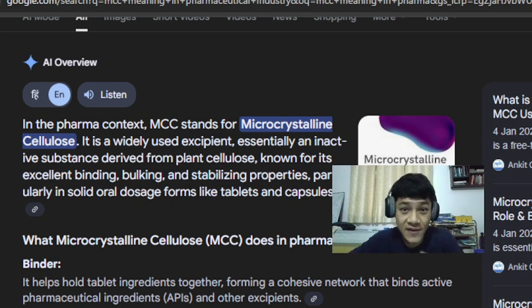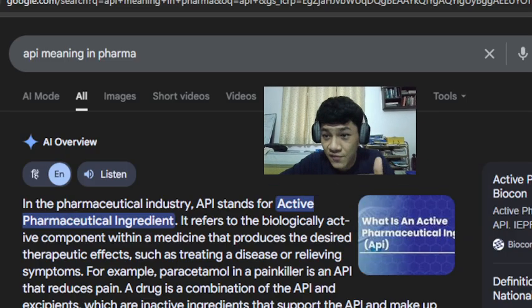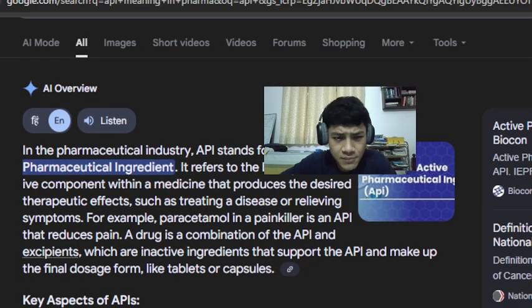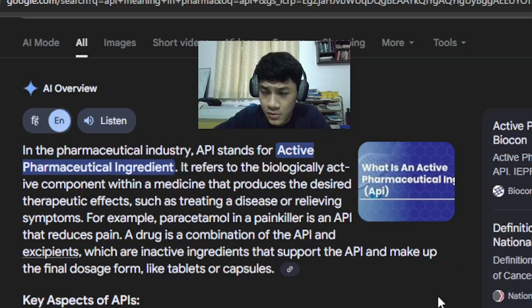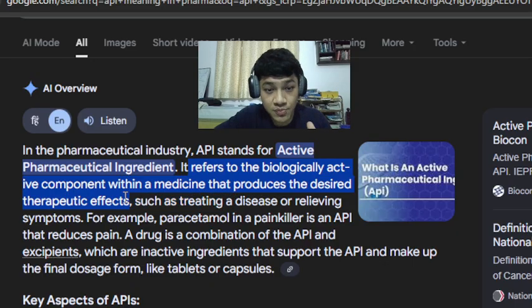This covers 80 to 85% of Sigachi's revenue. Then we have API. API is known as active pharmaceutical ingredient. A very simple definition: it refers to that component of a medicine which produces the desired therapeutic effects, such as treating a disease or relieving symptoms.